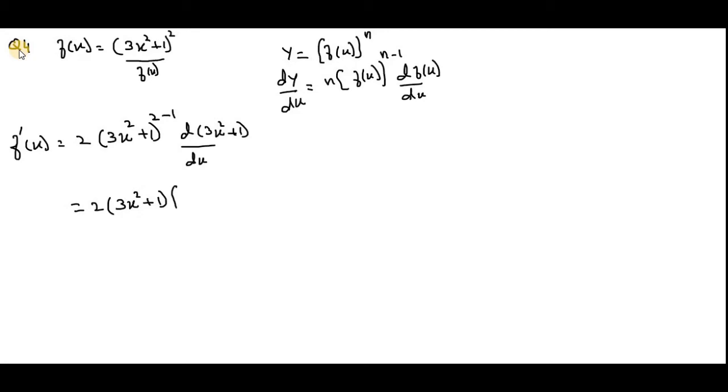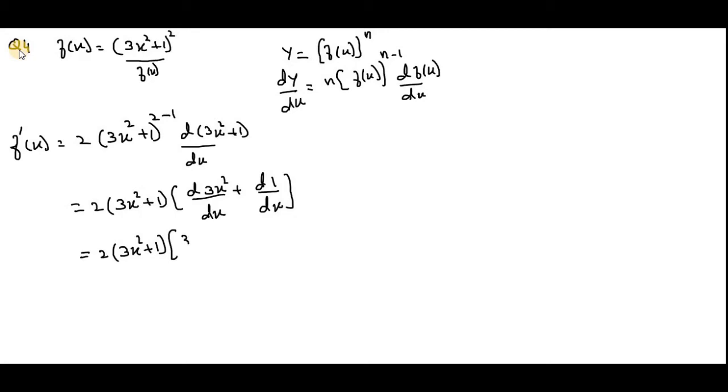So 2 times 3x square plus 1, and applying the sum rule, plus 1.